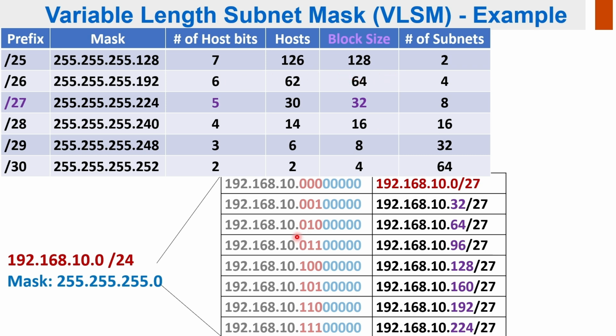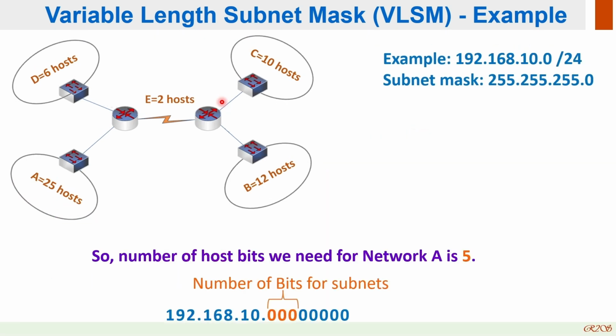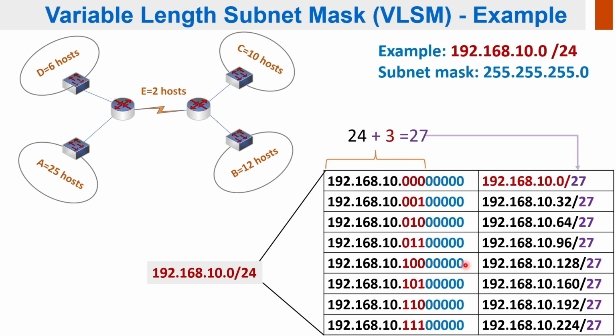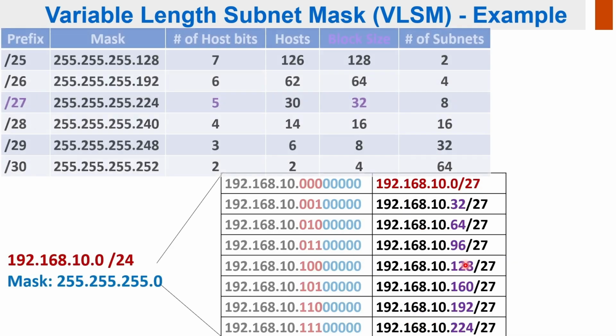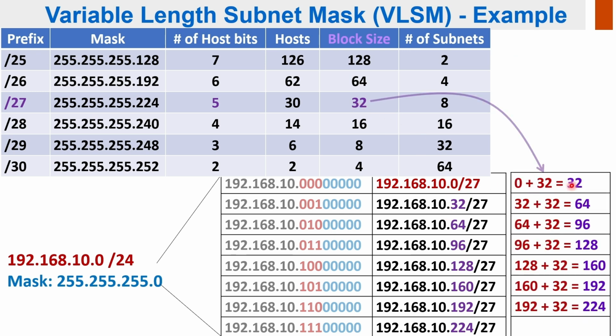In our case, we saw in the previous slide we needed 5 host bits, so our block size is 2 to the power 5, which is 32. That means 0 plus 32 is the next subnet.